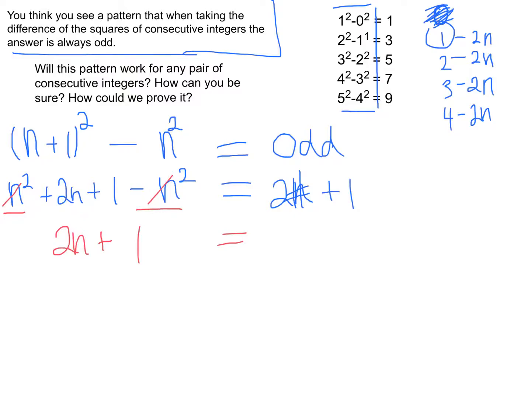But remember that 2n plus 1 is always odd because 2 times some number plus 1 is always odd. And so what we've done is we've shown that no matter what integer you choose, that integer and then the integer after it squared and taking the difference of those two will always end up being an odd number.